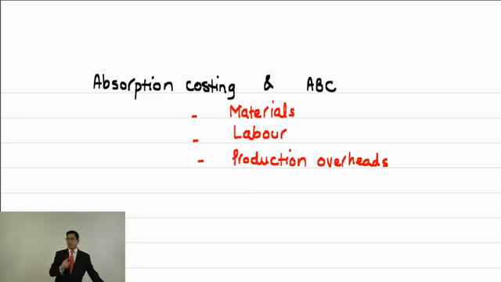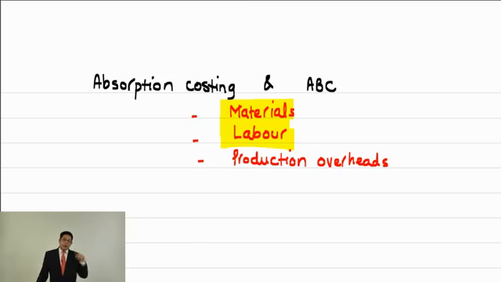Now, under absorption costing and ABC, both materials and labor are calculated in a simple, identical way. There is no difference in calculation between absorption and ABC when it comes to the cost of materials and labor. In both, materials is quantity times price, and labor is time multiplied by the rate.